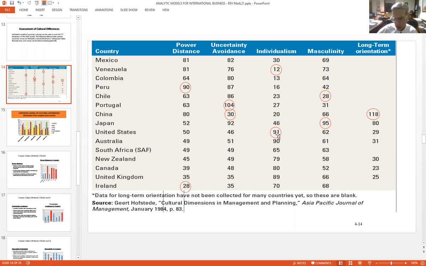But in the United States, we pride ourselves on being rugged individualists, as do the Australians. They value the willingness of individuals to take initiative. Today in the United States, I don't think the U.S. would get the rating today that it got back in 1984 when Hofstede made this table.